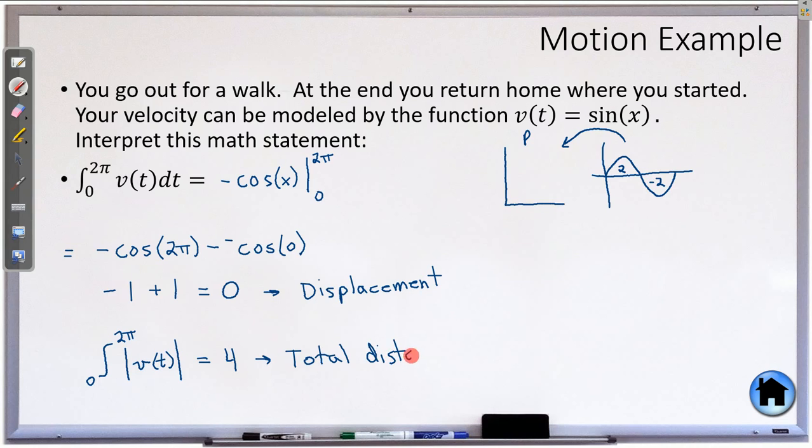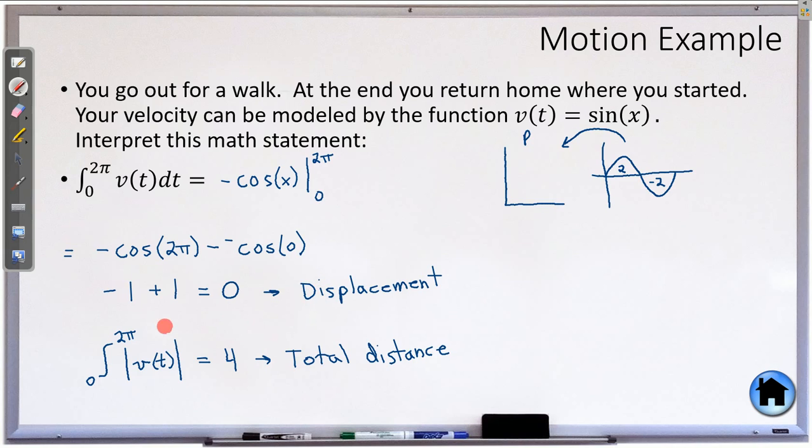It's a fairly difficult interpretation to wrap your mind around, but this word displacement really helps give you the vocabulary for that. The fact that we went forwards and then backwards, those canceling each other out, and you ending where you started, is your displacement.